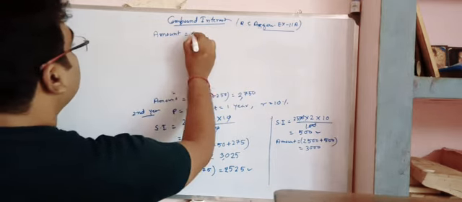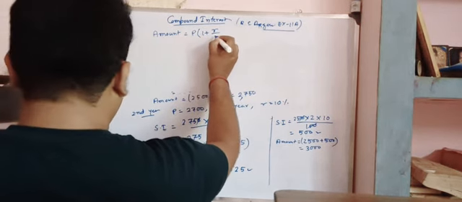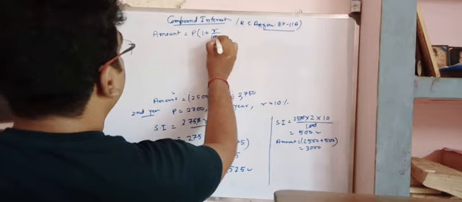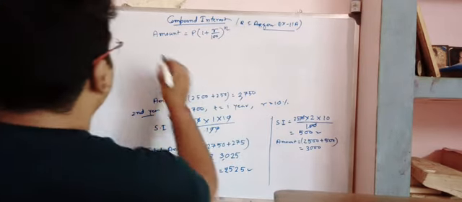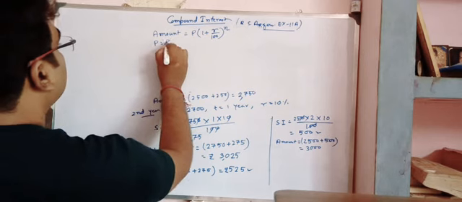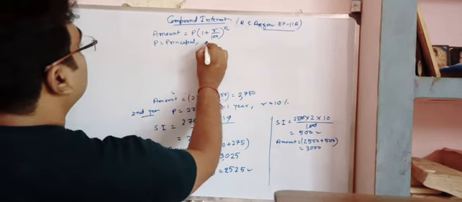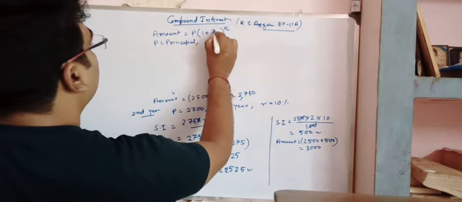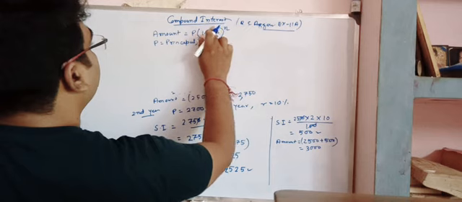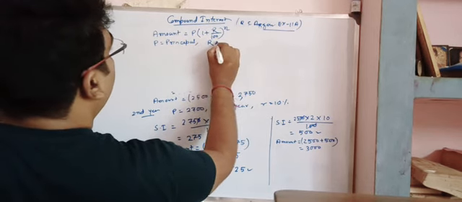Compound interest amount should be P into 1 plus R by 100 whole to the power n, where P is my principal, R we are taking small r or capital whatever. Capital R we are taking, in the RS book capital R is given.